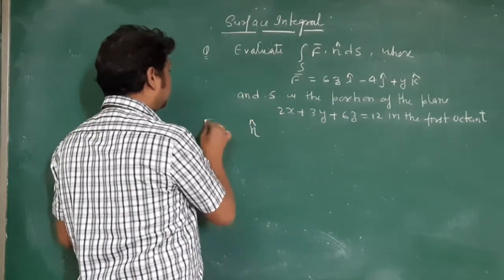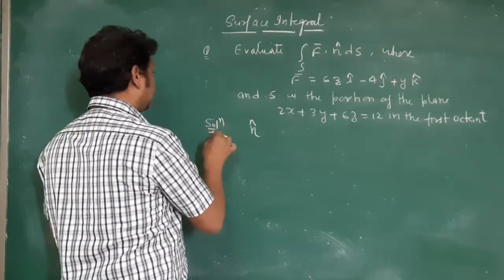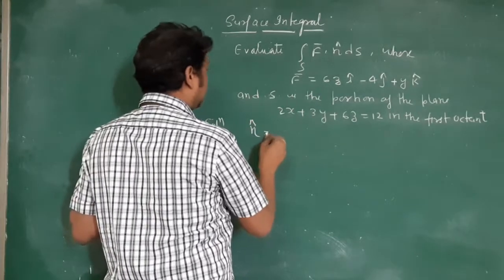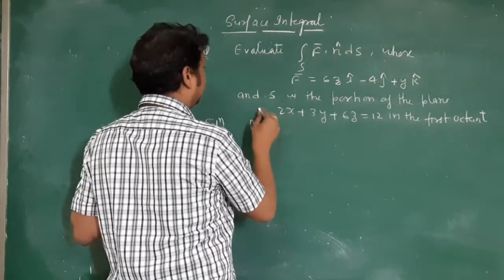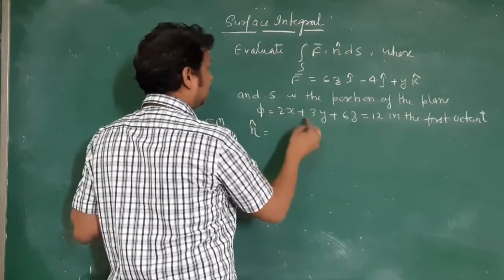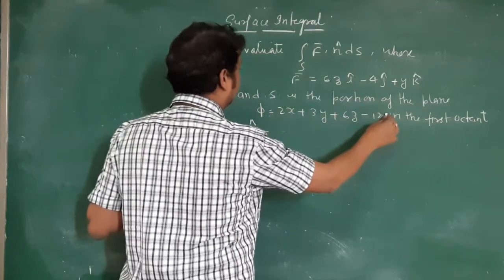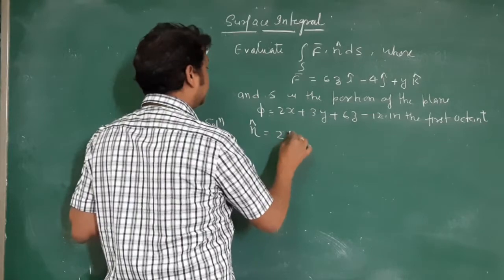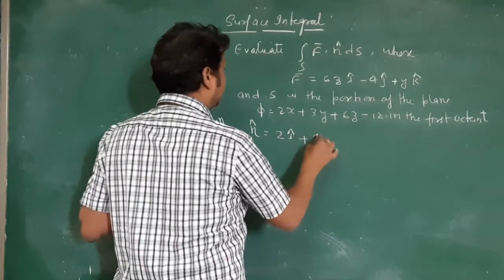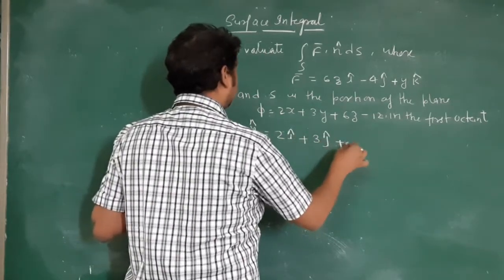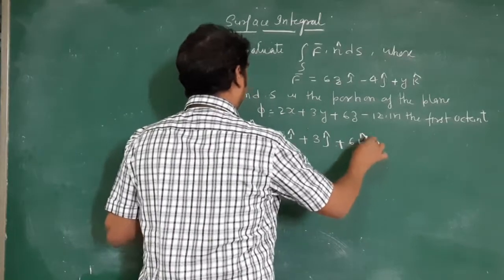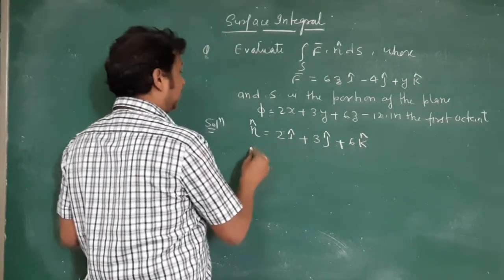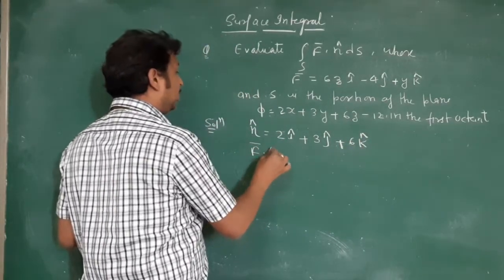So how do we calculate? First we calculate n cap. Del phi over del x means 2 i, plus del phi over del y means 3 j, plus 6 k. Once you know n cap, calculate F dot n cap.